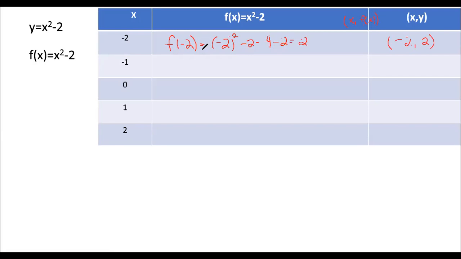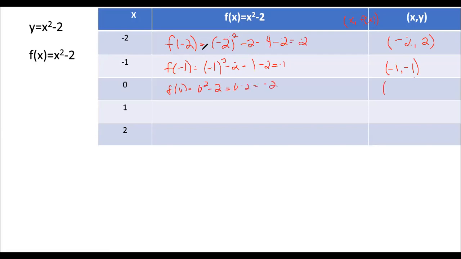And we can do the same thing with all these down here. I'm going to go through these kind of quick. We have f of negative 1, so we plug negative 1 in: negative 1 squared minus 2. Negative 1 squared is 1, minus 2 is negative 1. So our second ordered pair is negative 1, negative 1. f of 0 is 0 squared minus 2. 0 squared is 0, minus 2 is just negative 2.